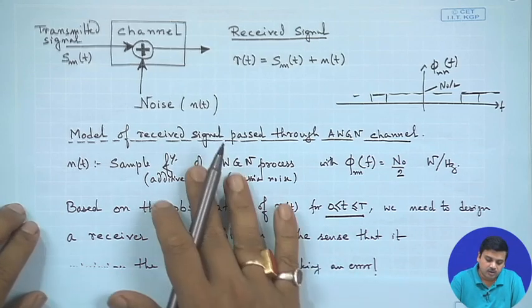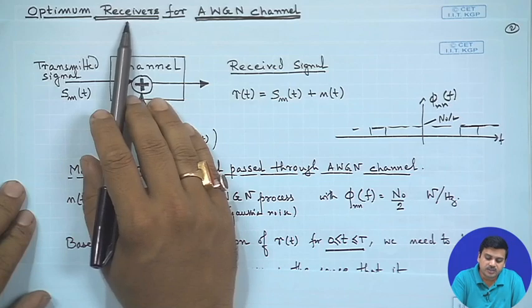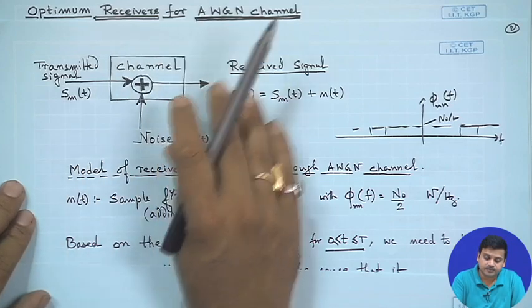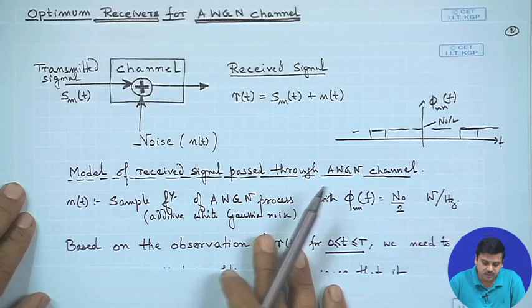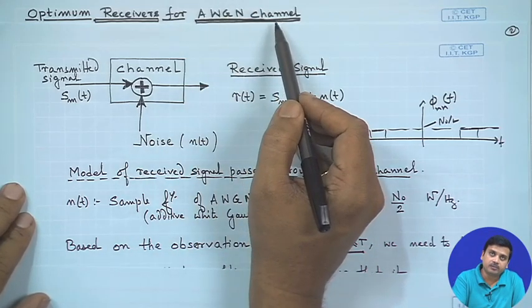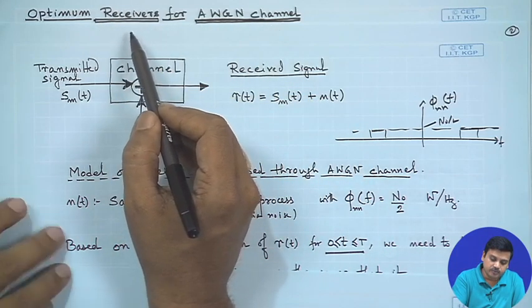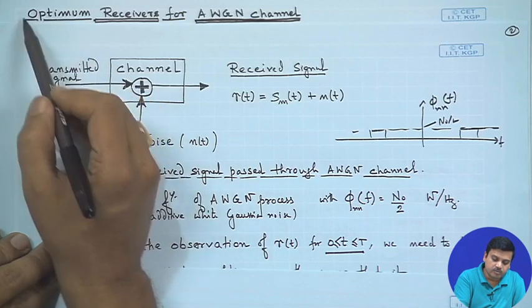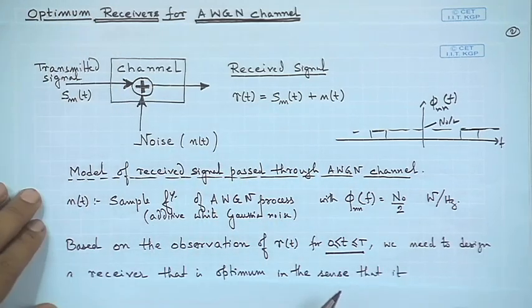Recall we started our discussion on designing optimum receivers for the AWGN channel. When we say we want to build an optimum receiver for the AWGN channel, we first described what we mean by AWGN channel, and we will be talking about the receivers. But before that, we will talk about what is meant by the term optimum.